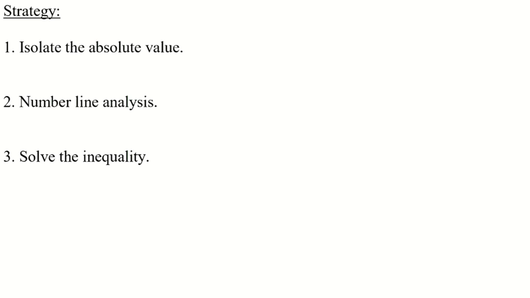Okay, the strategy for solving these is going to be just the same as it was last time when we were solving the equations. We're going to start by isolating the absolute value. So we'll get it down to absolute value of u, when this u is just some algebraic expression.